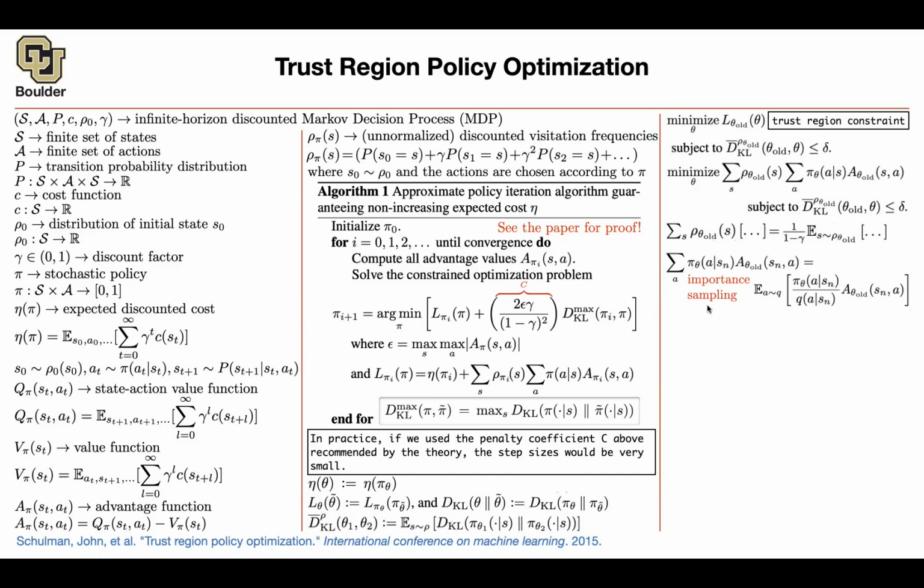There is this trick that whenever you want to do your expectation, and assuming that you don't know the functional form of your pi or it's too complicated to evaluate, you can do importance sampling. You can do your expectation with respect to an auxiliary distribution, Q, rather than taking your expectation with respect to pi. You're taking your expectation with respect to an auxiliary Q and then rewriting your formula.